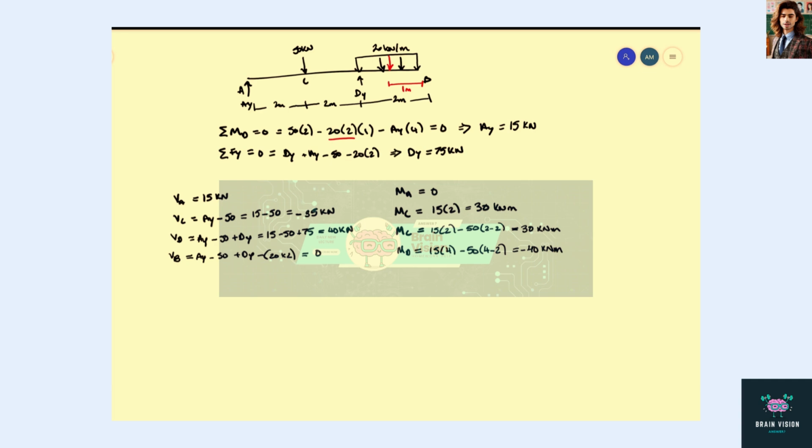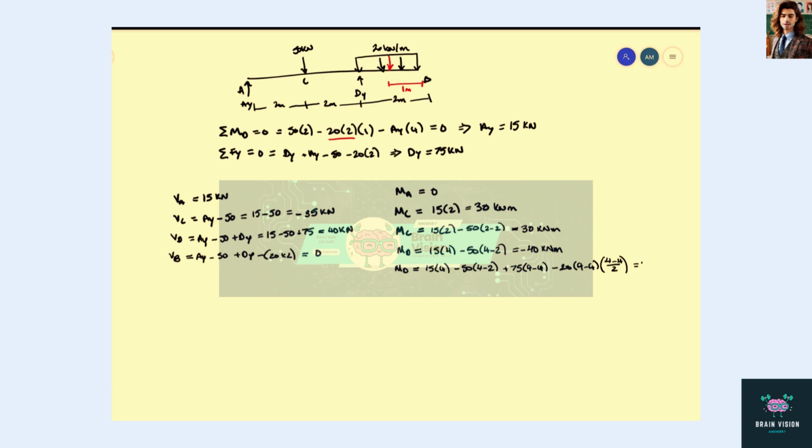Now I'm going to calculate our bending moment between D and B. So for D, we have 15 times 4 minus 50 times 4 minus 2 plus 75 times 4 minus 4 minus 20 times 4 minus 4 over 4 minus 4 over 2.